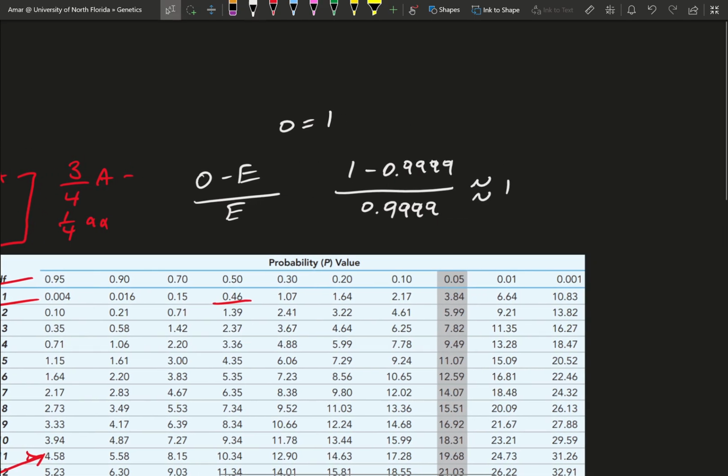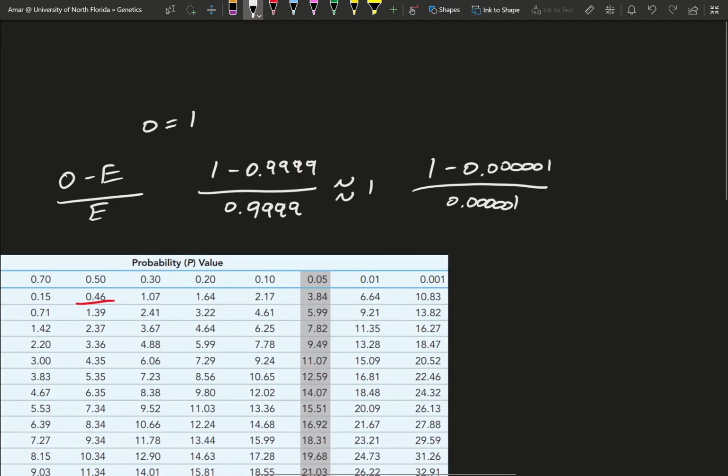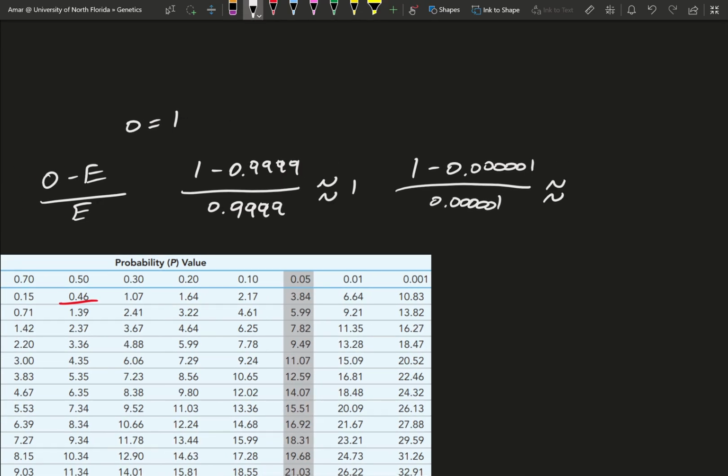Now, if you do the opposite, where we're rejecting our null hypothesis, we're basically saying that the observed has nothing to do with the expected. It's not equal at all. So let's say our observed is still equal to 1, but our expected is equal to 0.00001, very close to 0. What we will get from this is something very close to 0.